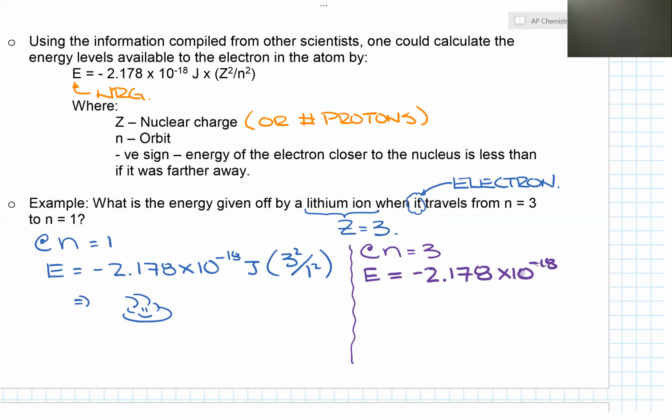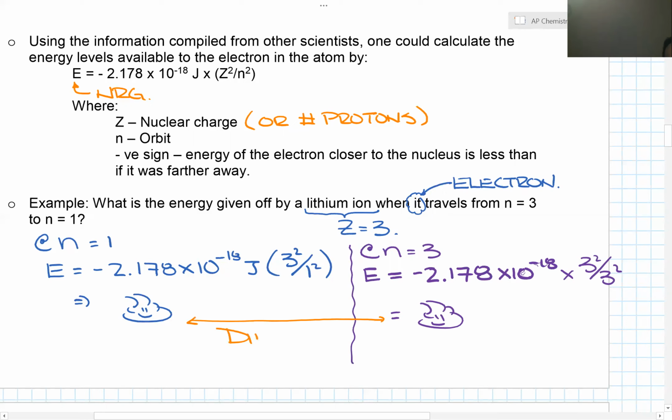In this case, it would be 3 squared over 3 squared. We would get another answer. And what matters is the difference. So what is the difference? And that would give us the energy.